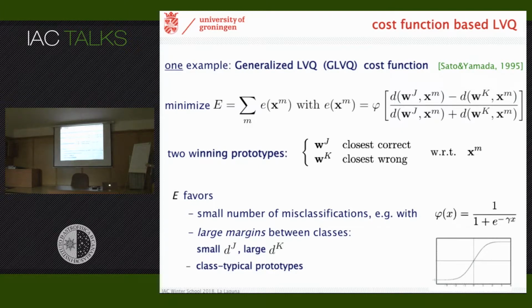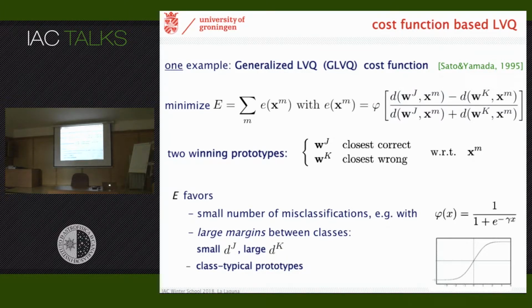Now, a negative value indicates that the data point is already classified correctly. It means that the distance from the correct prototype is smaller than the distance from the wrong prototype, so the winner, the absolute winner, will be the correct prototype. If this argument is positive, we have a misclassification. And if you consider this as an approximation to a step function, then this simply counts the number of misclassifications.